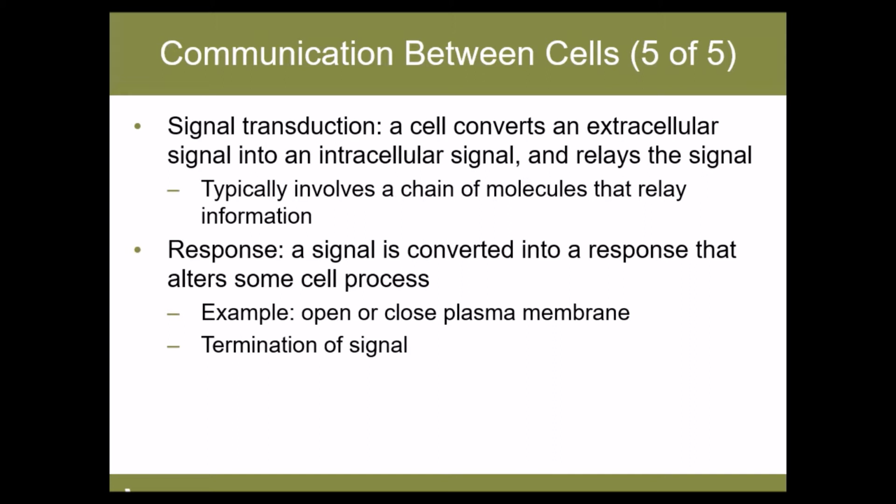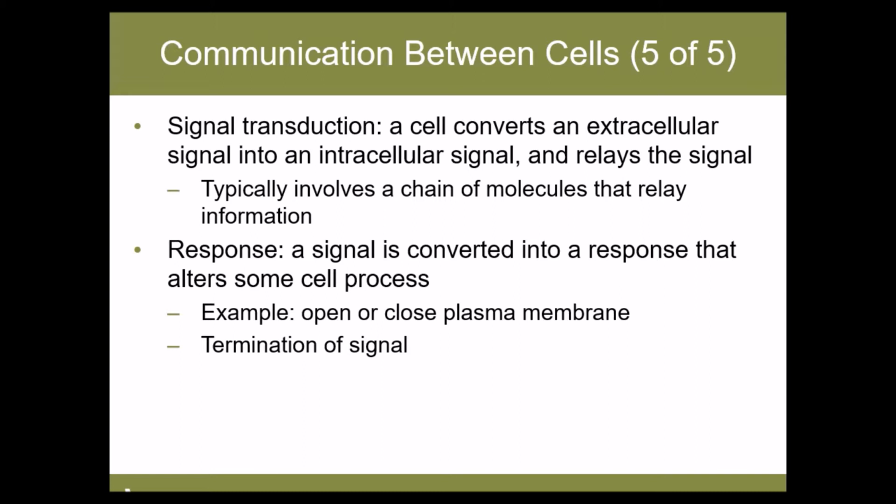So the cell converts that signal that we just sent, it binds to a receptor, then that cell has to transduce, or convert really, that chemical signal into some type of signal that the cell can respond to. And so we'll see some examples of this. There's one called a G protein complex, and I'll show you some examples of that as we go through the chapter. But it just involves converting the chemical signal into a signal the cell can use.